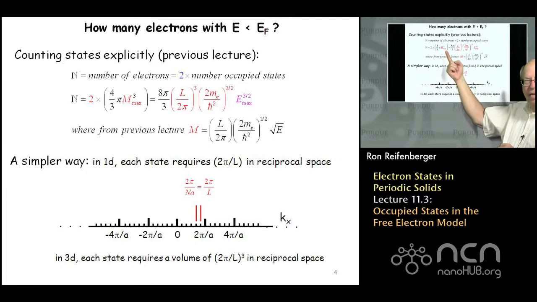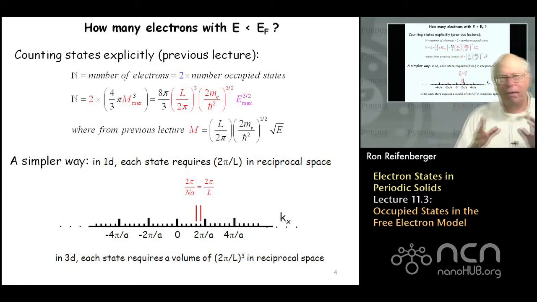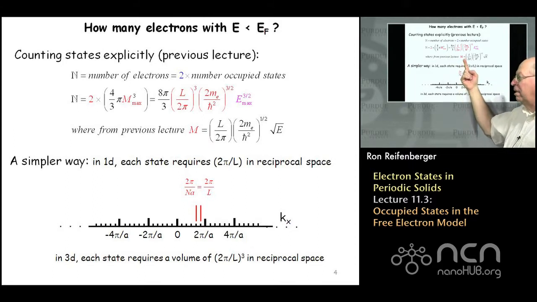The occupied states were characterized by this value for capital M. This value for capital M contained the quantum numbers mx, my, and mz for these electron states in the x, y, and z direction. And what we were able to do was find an explicit relationship between the quantum number capital M and the energy E. And the relationship between the quantum number and the energy is a square root of E value. Right? So this is a rather complicated argument that we went through.